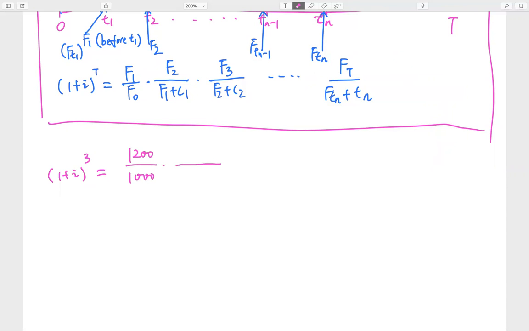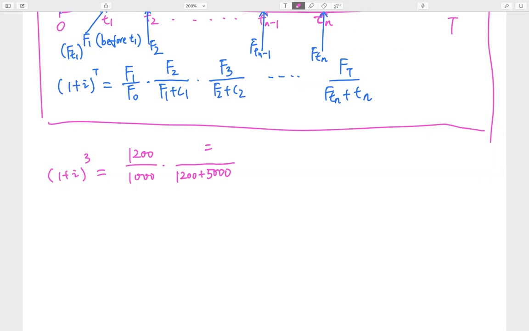Okay, and then let me write down the summation term. Here we can write this as F2.